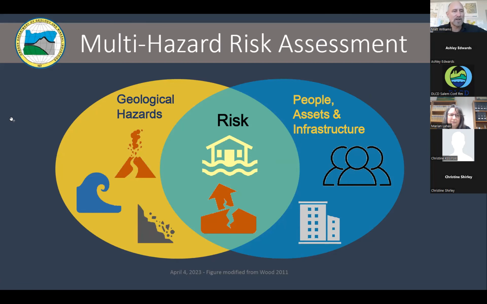Okay, well, Chris already covered this, but just to reiterate, risk is where we have geohazards overlapping with people and assets and infrastructure. And so we'll be talking mainly about how we put this asset data together into a database so we can use it to do the risk analysis, risk assessment.